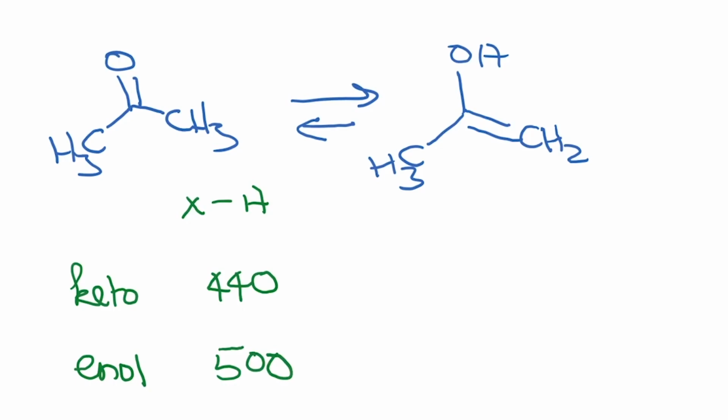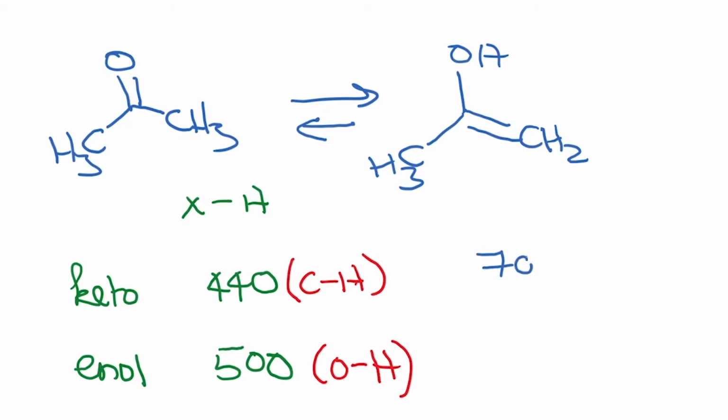So this is the bond strength of the carbon hydrogen bond as shown here, and this is between oxygen and hydrogen. Now, if I look at the pi bond strength of the C double bond O versus the C double bond C, for the keto form, it is 720 kilojoules per mole, whereas for the enol form, it is 620 kilojoules per mole.